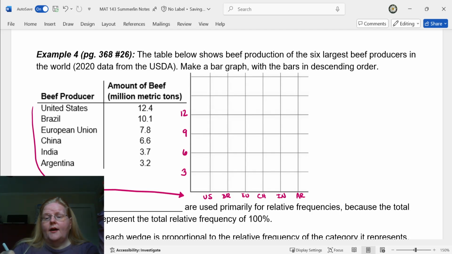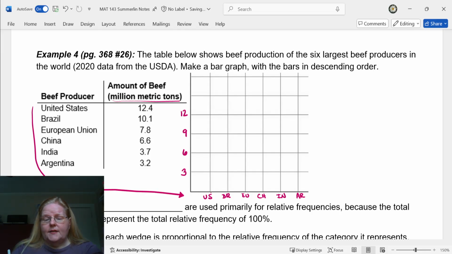So these are obviously talking about metric tons. So when I say 3, it's going to be 3 metric tons. When I say 6, it's going to be 6 metric tons, because this is in million metric tons. So it's 3 million metric tons, 6 million metric tons, 9 million metric tons.